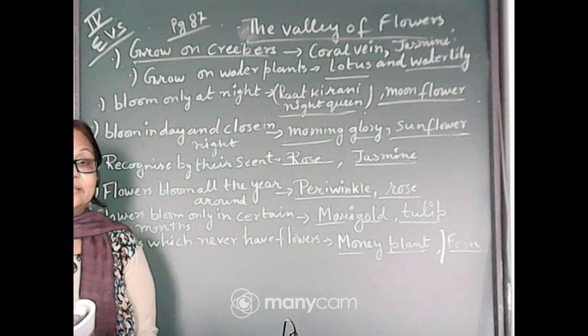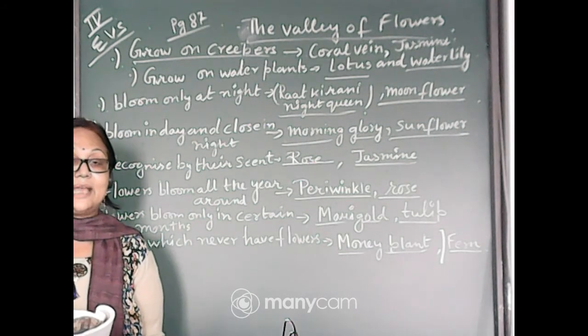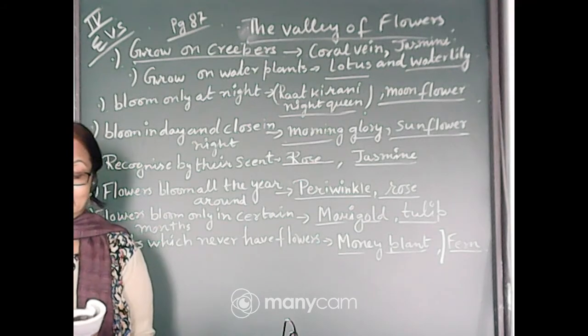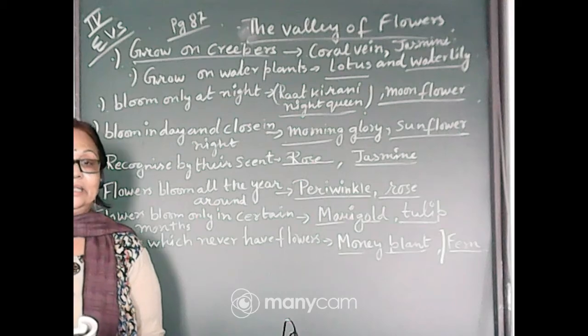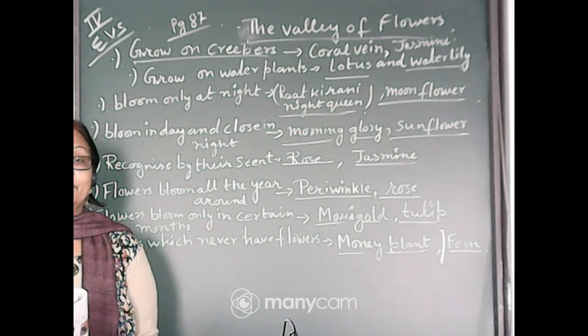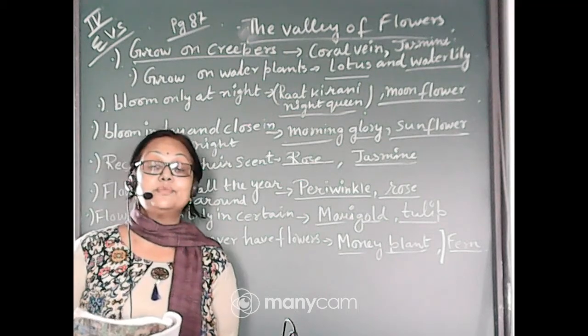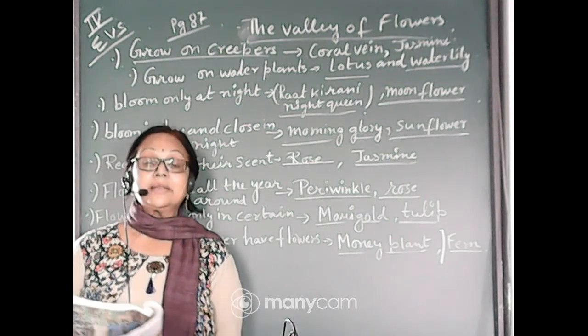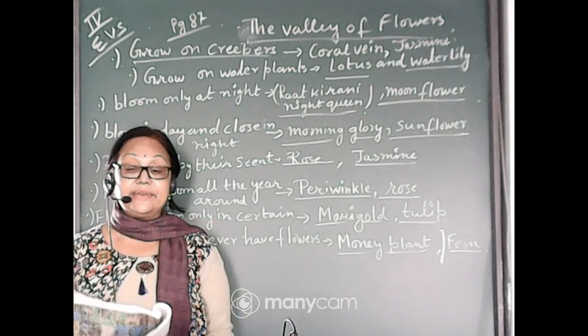Okay, now the next one is bloom in the day and close at night. You have seen this type of flowers also, the flowers which bloom in the daytime and close in the night. They are morning glory and sunflower. Write the names morning glory and sunflower. Okay, now the next question is given here.